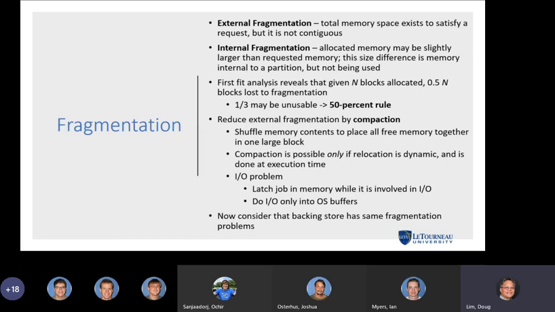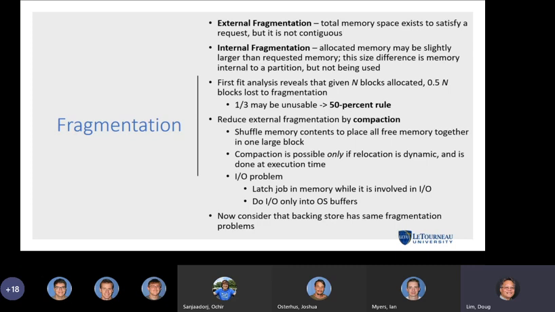External means all of the processes as a whole: because of the non-contiguous nature of the allocation of the various memory as processes get swapped in and out, you have fragmentation on an external level.